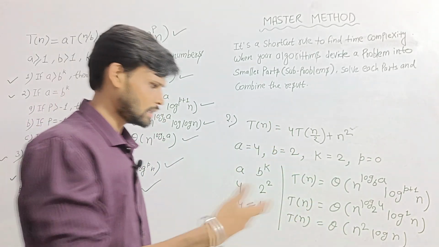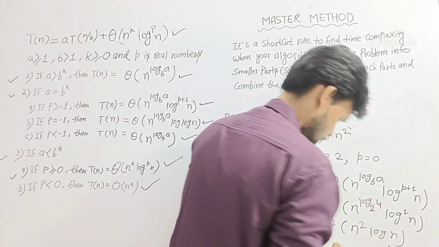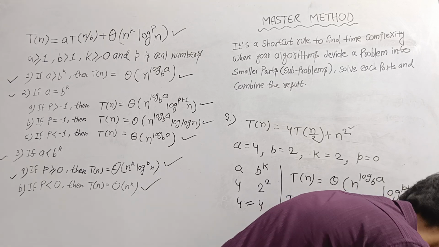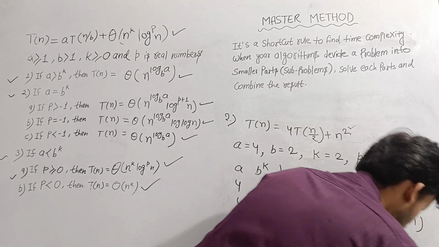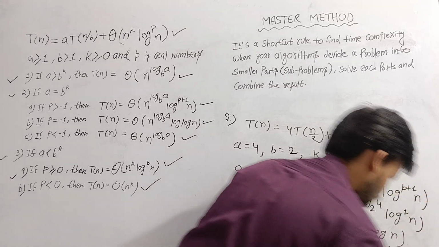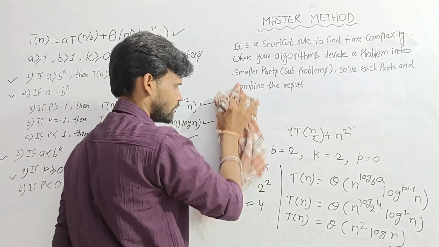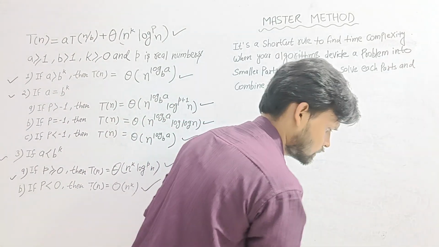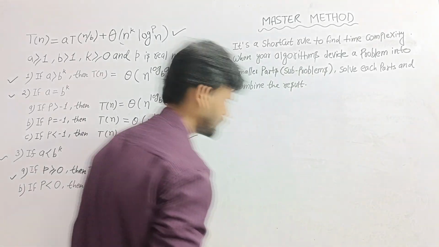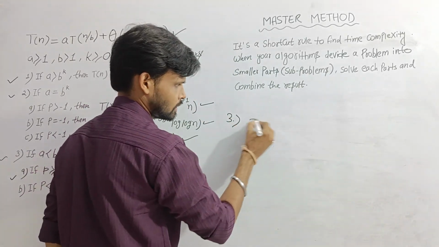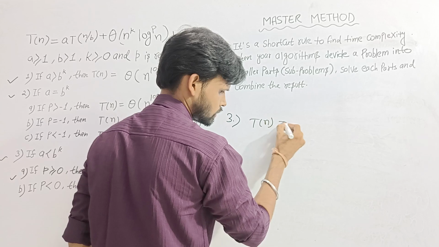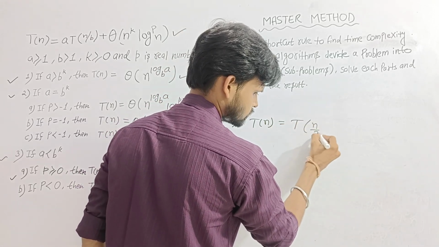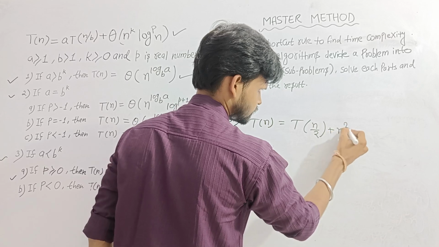This is the time complexity of the given recurrence equation. Clear? I hope you will understand all the things. Another example, the third: T of n equal to T of n by 2 plus n square.